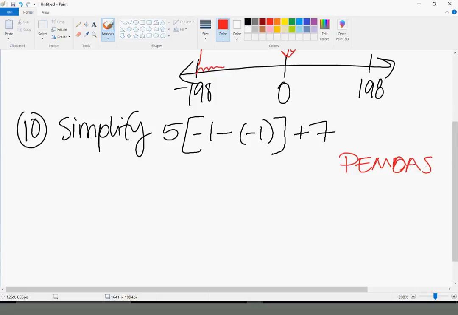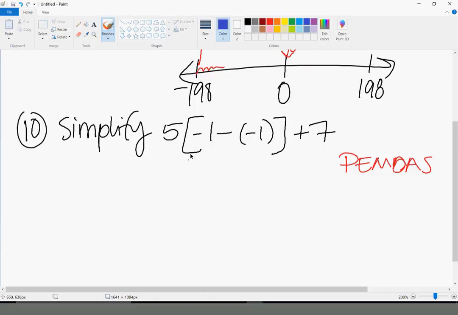Now, P represents parentheses in this mnemonic, but that's just meaning grouping symbols. So the reason why we have brackets here is because we're already using parentheses, and you don't normally see multiple sets of parentheses in one problem. So if you have parentheses inside of parentheses, then the outside will become brackets, just to make it look more clear. So for parentheses, in this case, that just means grouping.